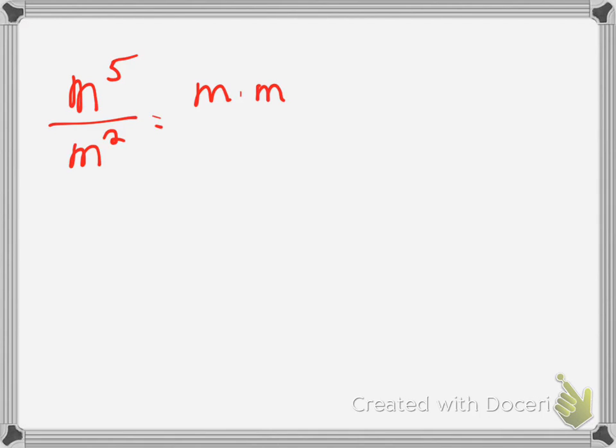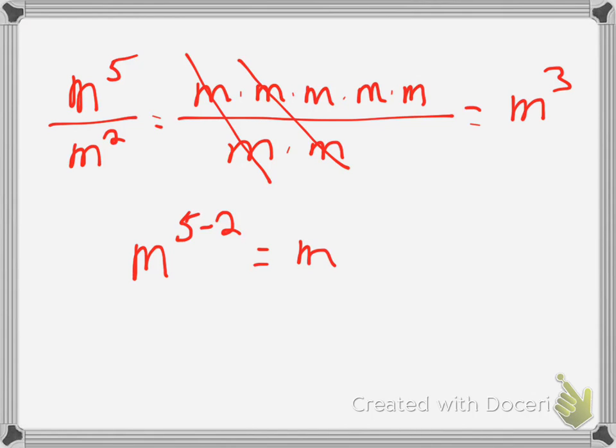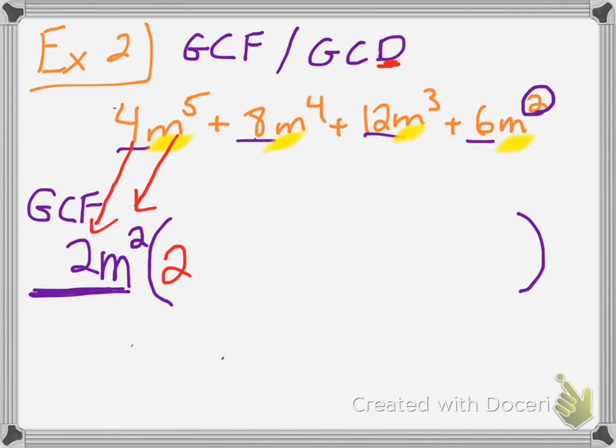Well, if I expand this out, I have this. Cancel, cancel, what's left? m to the 3rd. Now, you got to remember your rules of exponents. When you're dividing, it's basically just subtracting the exponents. So, 5 minus 2 would be 3. So, this is going to be m to the 3rd.